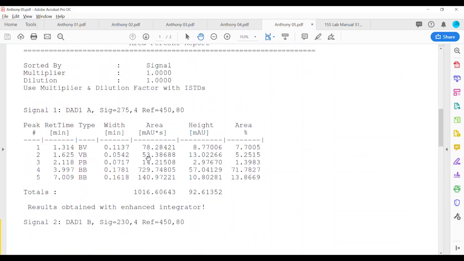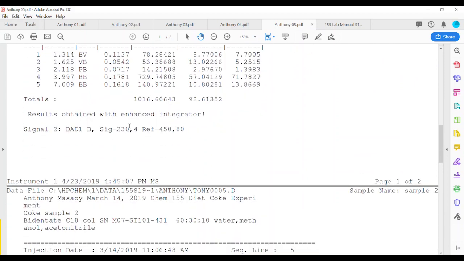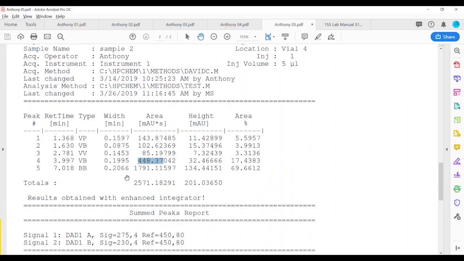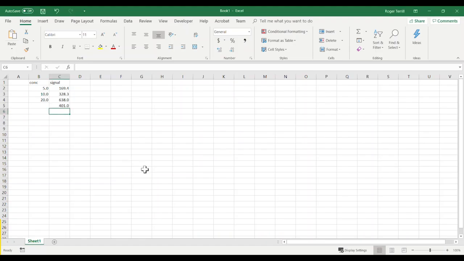Yeah, see, this is 275. This is 230. It just carried over to this page, so it's 448.37. Okay, so that gives you an idea of some of the variability that we have in the signal levels there.